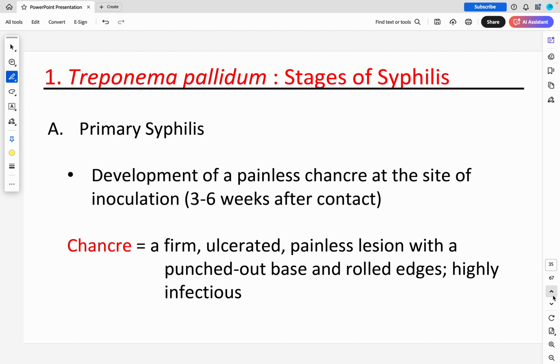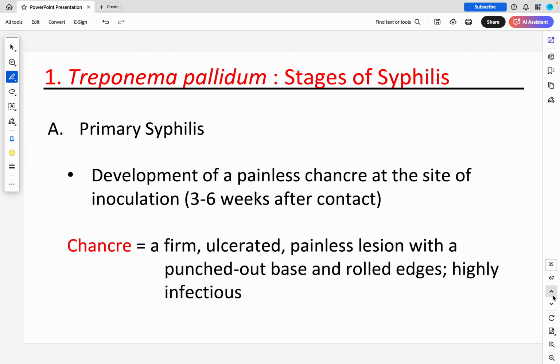The canker is a firm, ulcerated lesion that is not perceived as painful. It has a punched out base, so it's depressed, and there are edges that are rolled surrounding it.